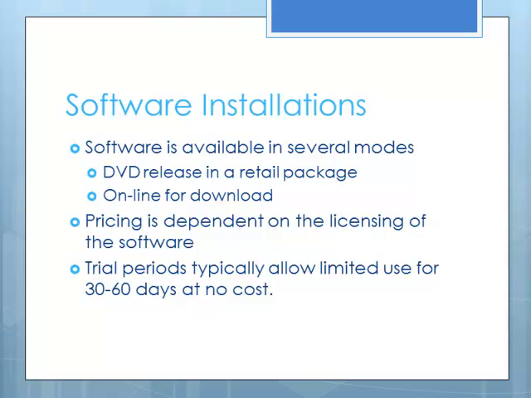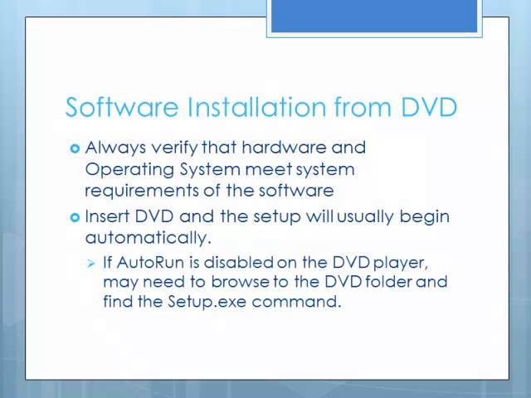However you pay for it depends on how the particular manufacturer licenses the software, whether it's a site license or per user license or a trial period. Many times you can get trial periods that allow you to use the software at no cost for 30 or 60, maybe 90 days before you need to pay for it.